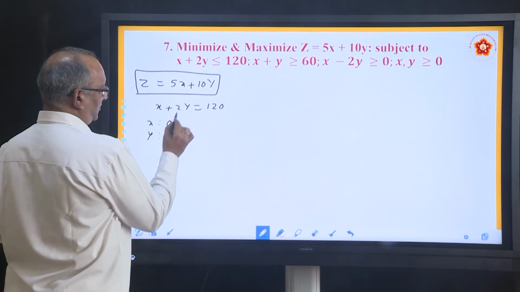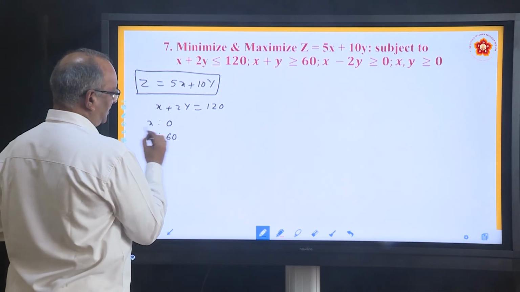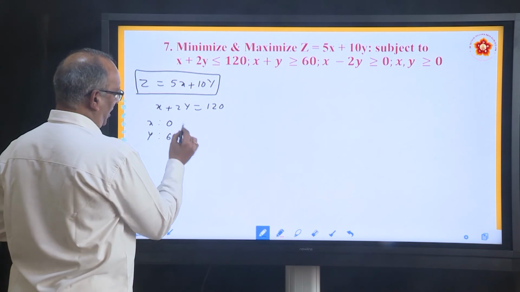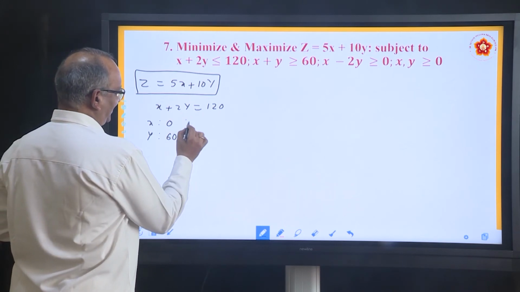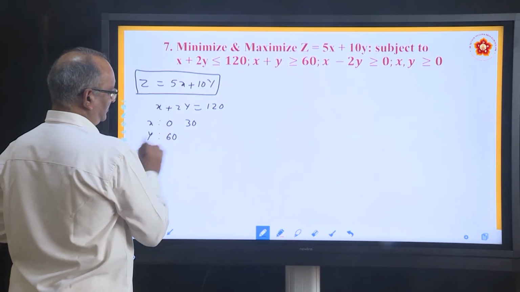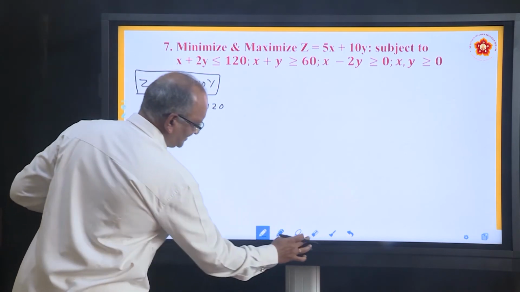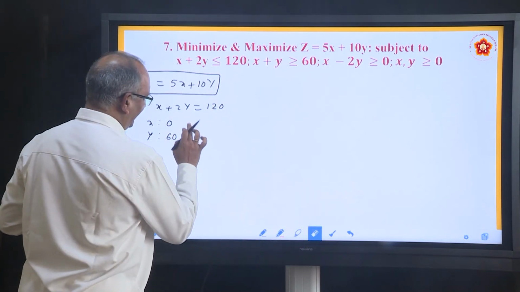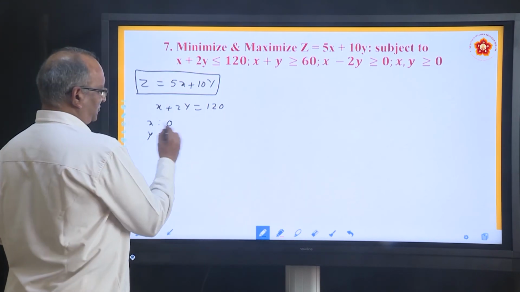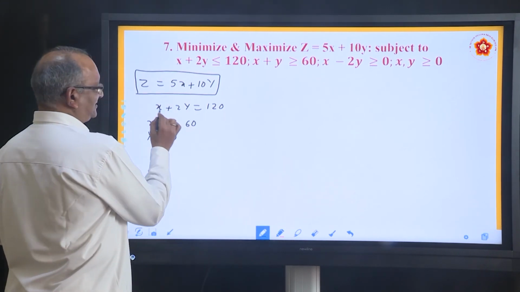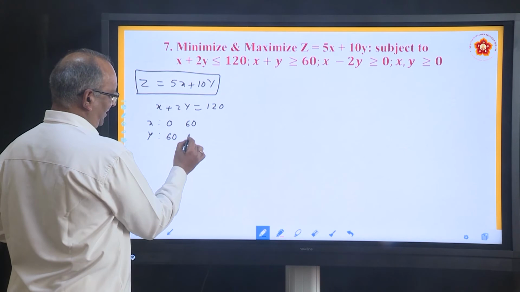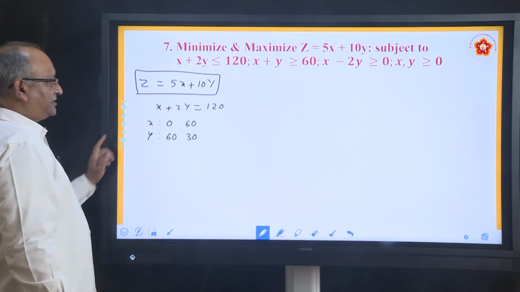X is 0, y equal to 60. Or let us say x is 60. Any value you can take actually, as you know, to draw the line. If x is 60, take 60 other side, you will get y equal to 30. So this is for the first one.